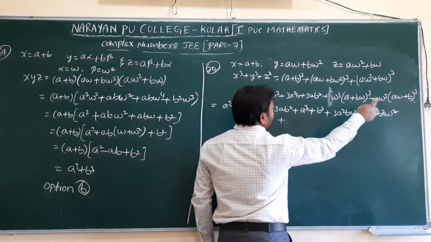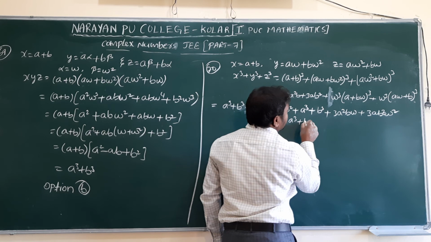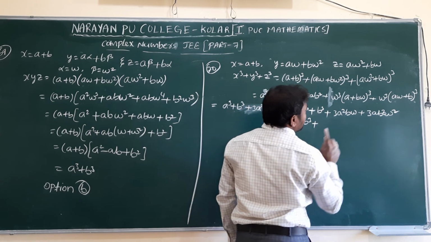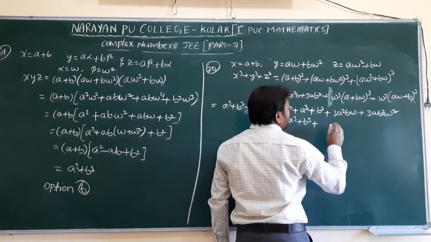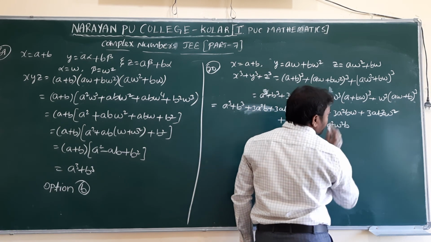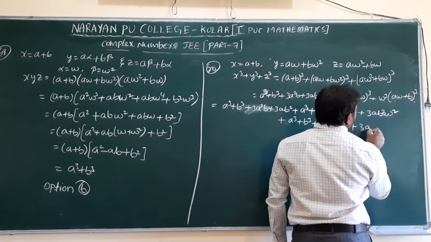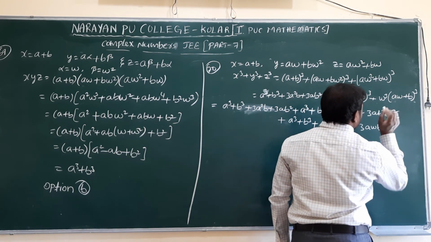Here a cube into omega cube value 1, a cube plus b cube plus 3a square omega square into b plus 3ab square, 3a omega into b square.